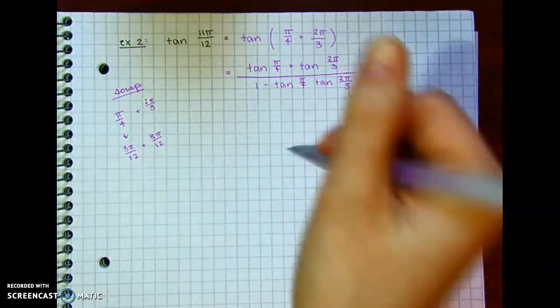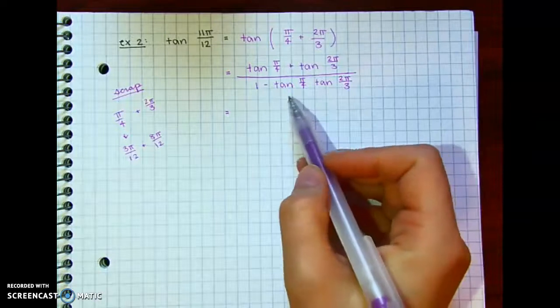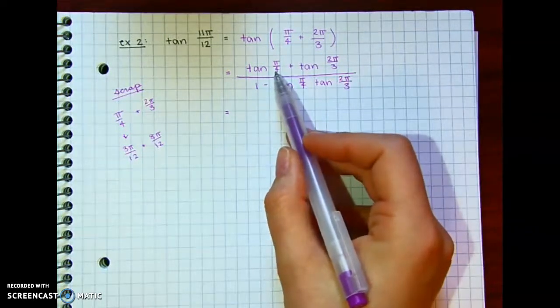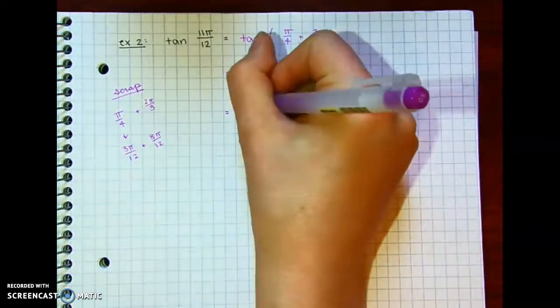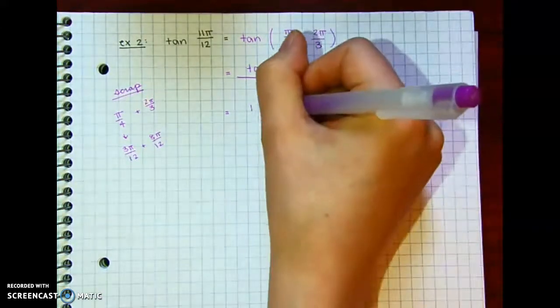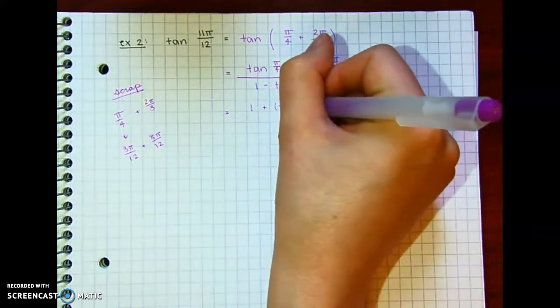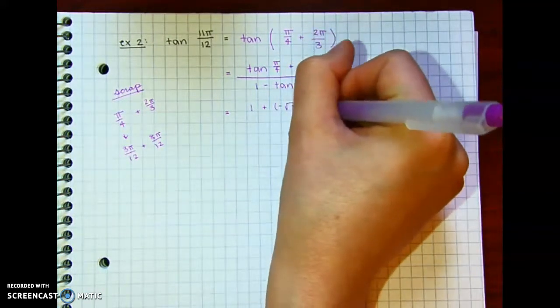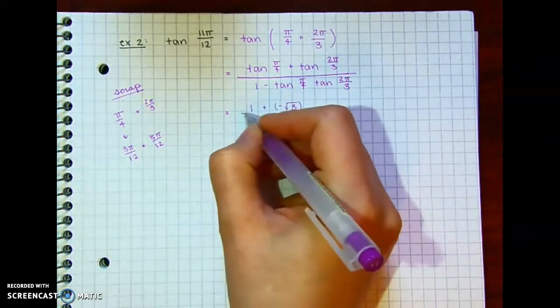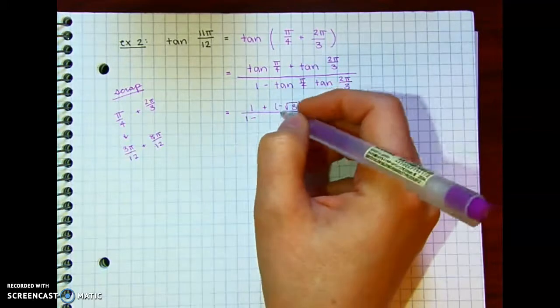Alright, now we use what we know in the unit circle. So tangent of pi over 4 is 1. And tangent of 2 pi over 3 is negative root 3. Then we have 1 minus, and tangent of pi over 4, like we said, is 1.